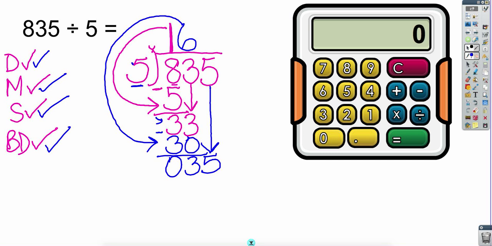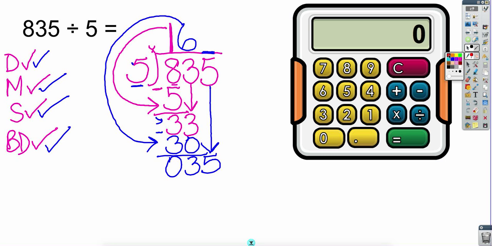It can't be because 35 is way higher than 5. So that's the first reason. Second reason I know I'm not done is because this here still doesn't have a digit above it. So the only way to get a digit there is to continue the steps all over again, which I will do in another color.